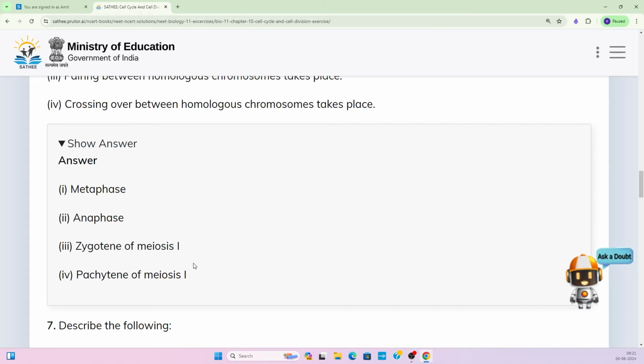When the homologous chromosomes come together and pair, their chromatids cross over, and there is breaking of these chromatids and rejoining. This crossing over takes place at the pachytene stage of meiosis 1.